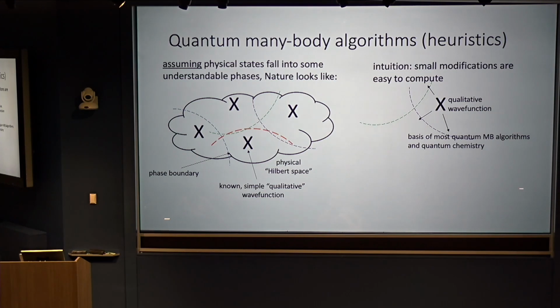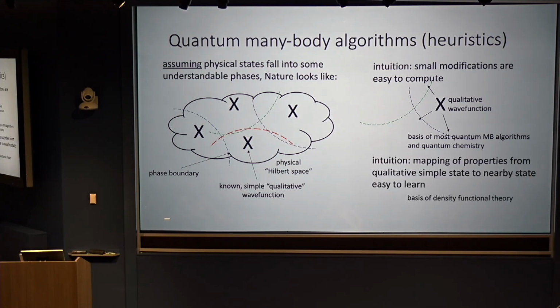So that's the basis of many, many successful algorithms. And the empirical experience is that moving away from this point is not computationally so hard. I mean, you have to do some computation, but it's not exponentially hard.